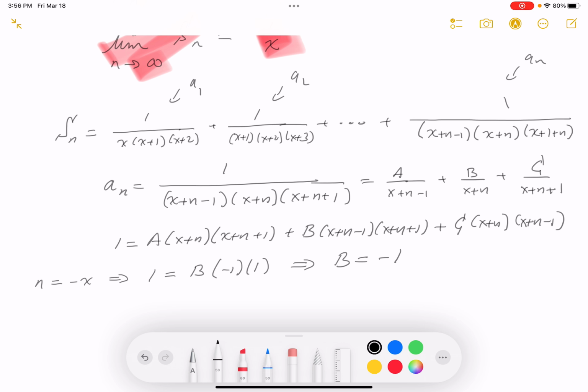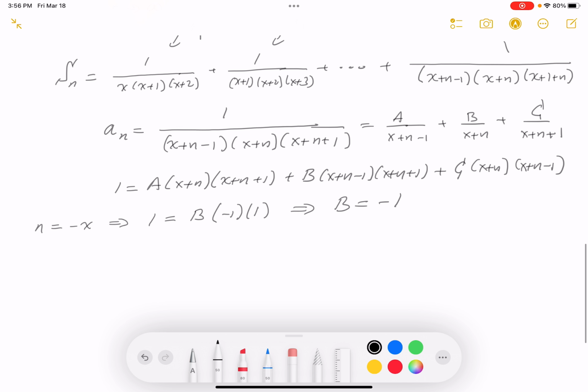All right? Let's keep going. I'm going to pick another easy value. So I'm going to pick N to be minus x minus 1. You're still going to get 1 here.